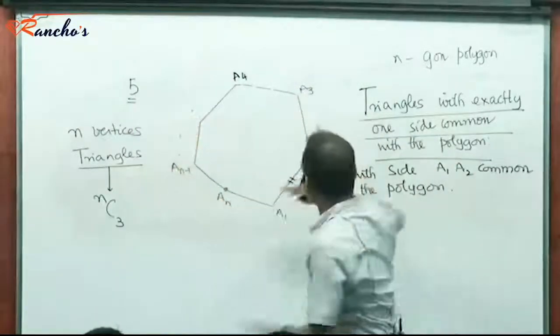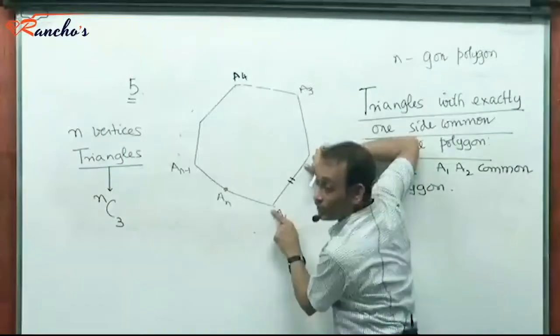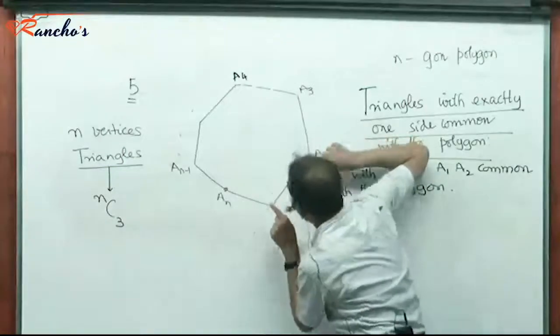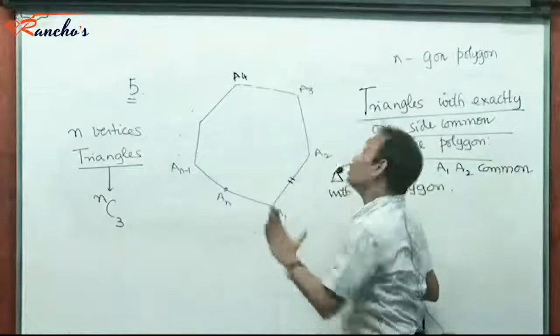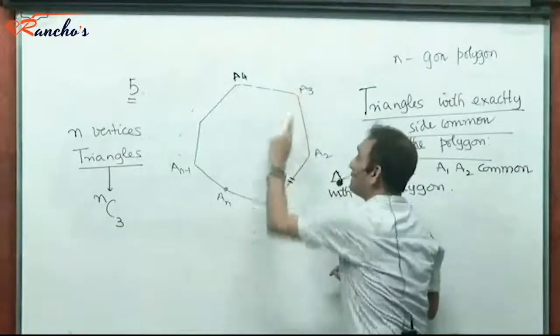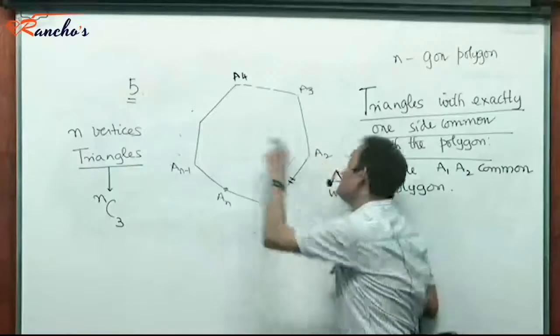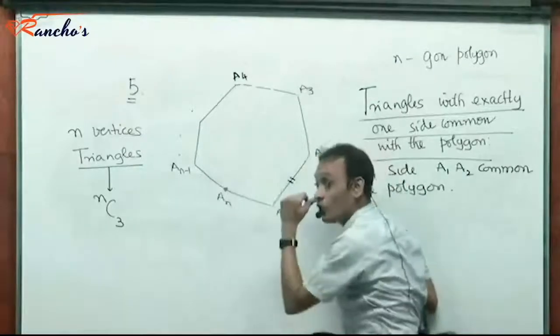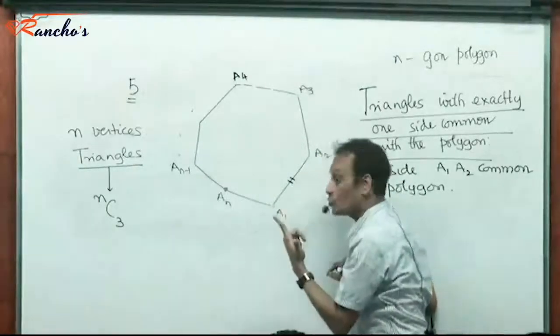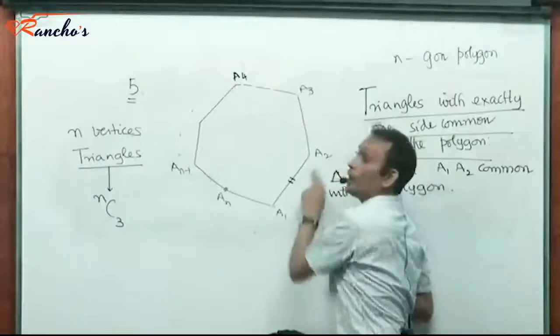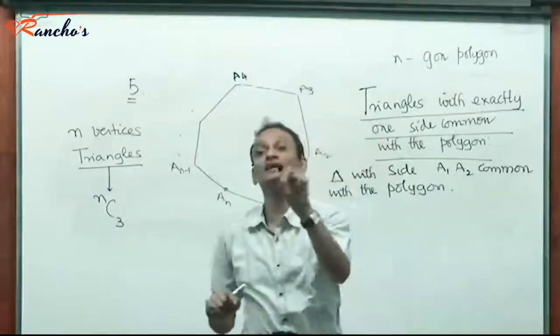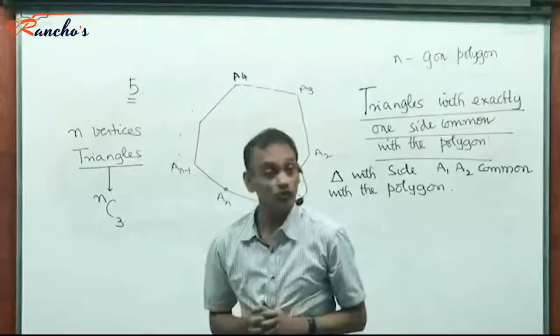In order that a triangle has only A1, A2 common with the polygon, the third vertex cannot be A3, cannot be AN, cannot be A1, cannot be A2. That means it can be any one of the remaining n minus 4. That means with A1, A2 common with the polygon, the third vertex can be selected in n minus 4 ways.